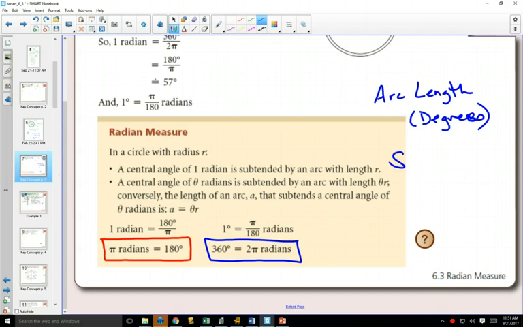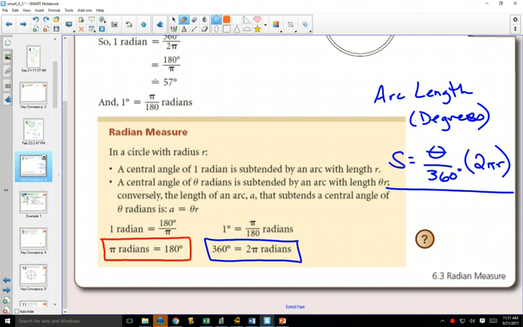Maybe because A stands for area so many times. So the formula we created was the arc length was theta out of 360 degrees multiplied by the circumference. I'm going to leave it unsimplified like that because I think that's the easiest way to remember it. It's just a portion of the circumference. And that formula is not on your formula sheet.